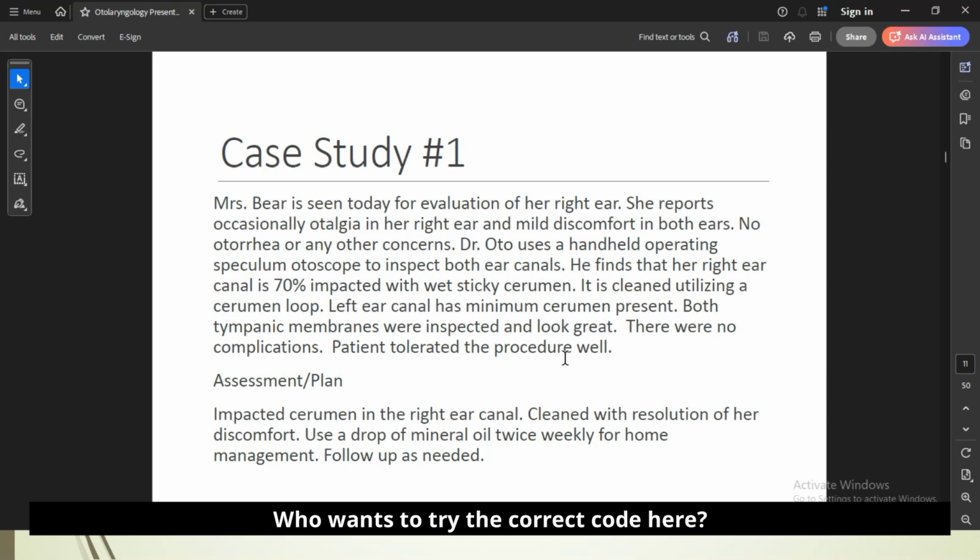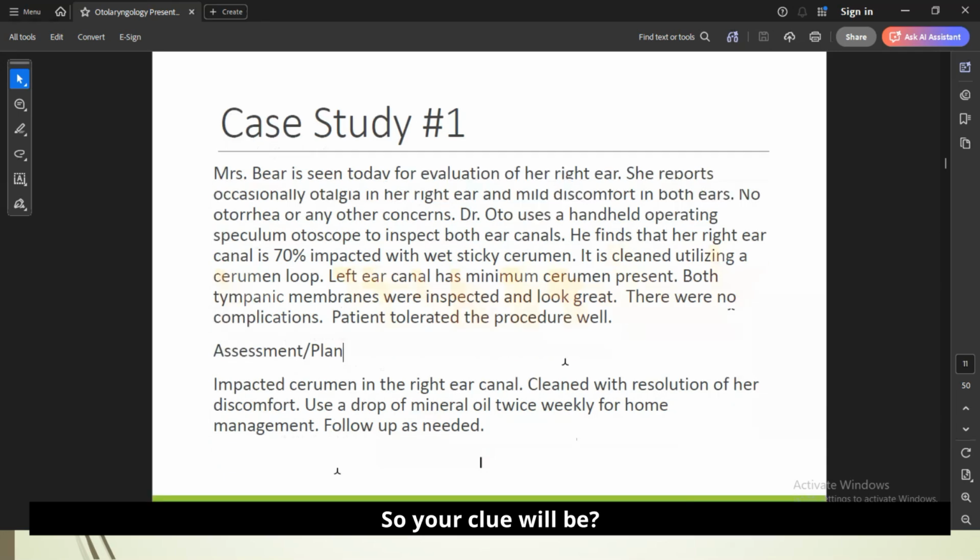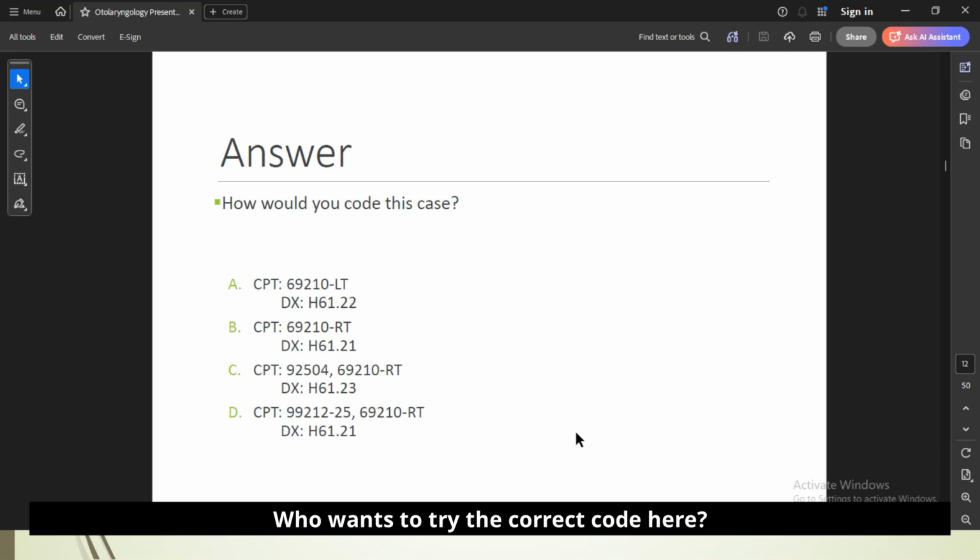Who wants to try? Who wants to try the correct code here? Your clue will be based on the laterality documentation. We need to code this one. 69210 RT, because the cerumen was removed from the right ear. Correct?